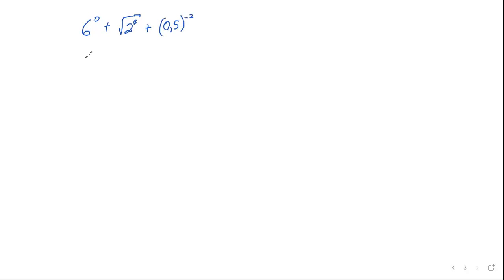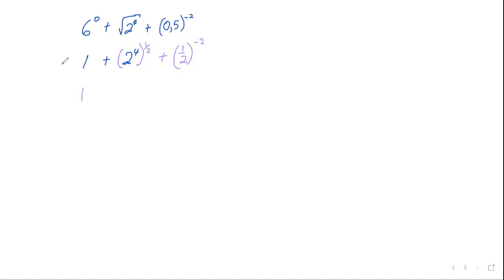Any number to the power 0 is 1. Square root of 2 to the power of 4 is the same as 4, if you remove the radical sign. 1/2 plus, here is the same as 1/2 negative 2.